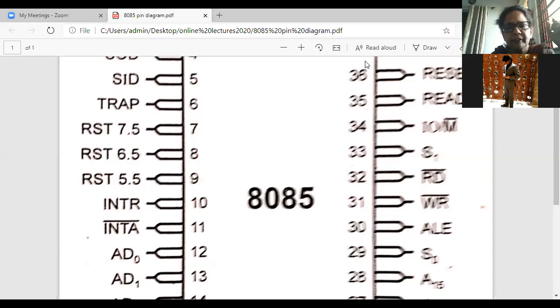Now we had already seen that part, and INTR has the lowest priority. Out of these, TRAP is called the non-maskable interrupt. That means you cannot avoid that particular interrupt. So TRAP is the non-maskable interrupt, while RST 7.5, RST 6.5 and RST 5.5 you can mask.